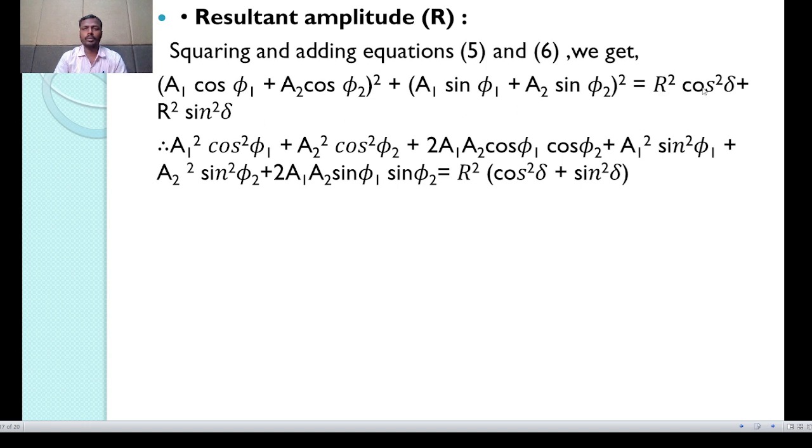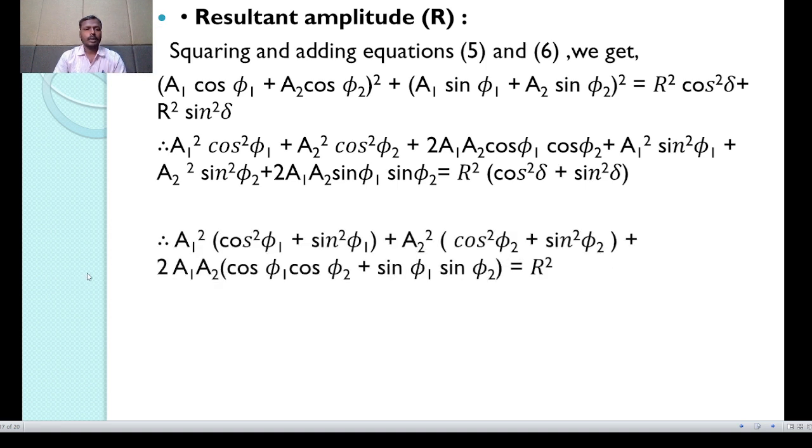taking the r square common, r square in bracket cos square delta plus sine square delta. Now taking a1 square common from the first term and fourth term, a1 square in bracket cos square phi 1 plus sine square phi 1.